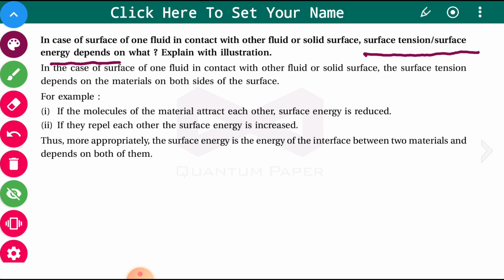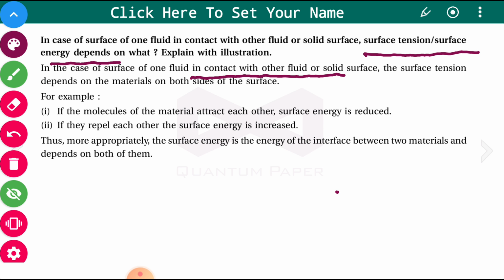In the case of the surface of one fluid in contact with another fluid or solid, say for example water is spilled in a glass, then what will happen? Water is in contact with the glass. Now if you take a steel glass, which is different from the glass.